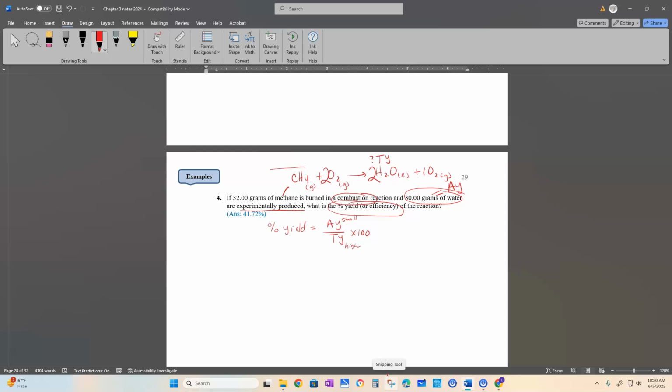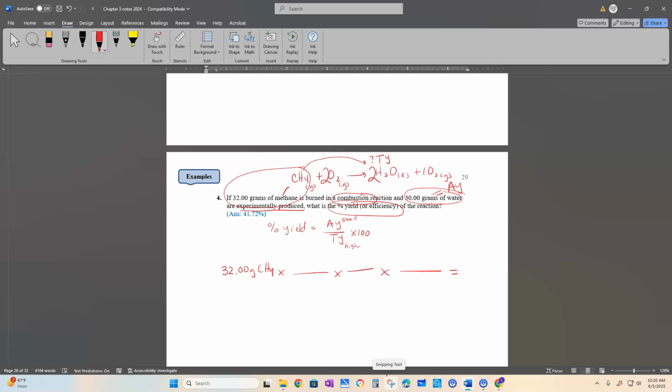So I need to start with my methane and figure out how much water I should have produced. Grams to grams, changing the chemical, looks like 3 steps. There's 32.00 grams of methane, and we're going to set up our 3 steps.